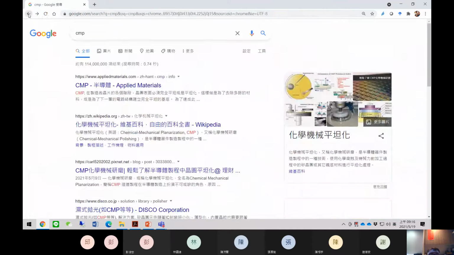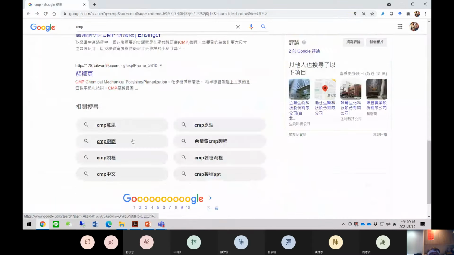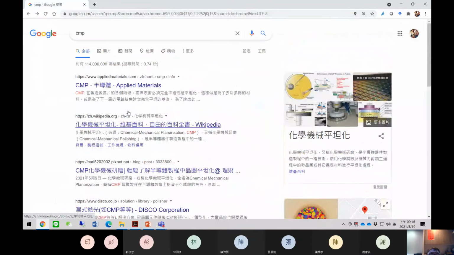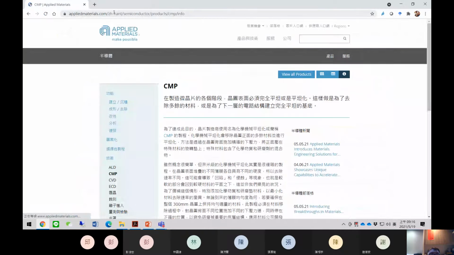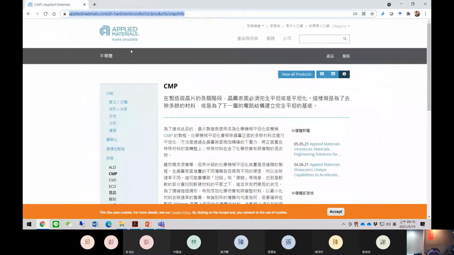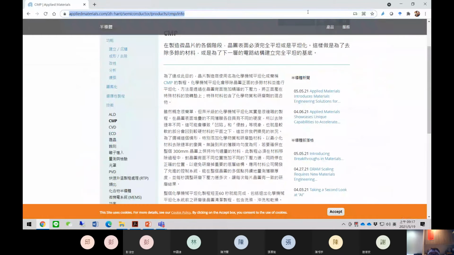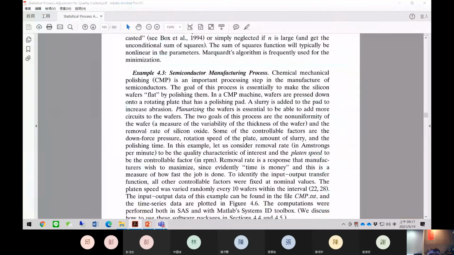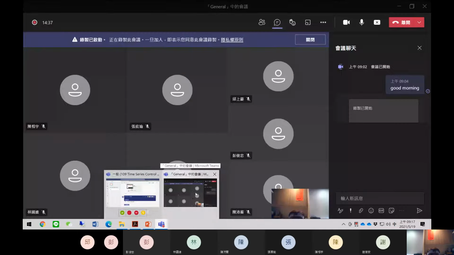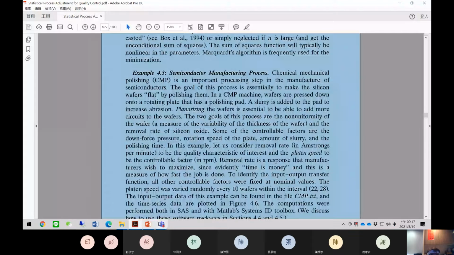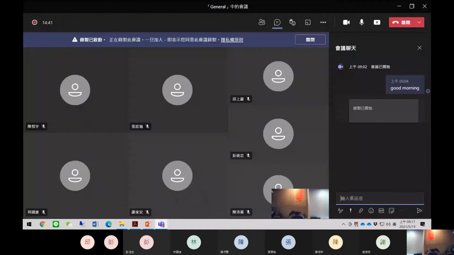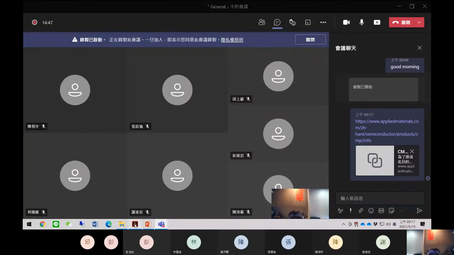Yeah, there's some detail. Let me give you some basic description about CMP. Let me just leave the link right here, the CMP page for your reference.